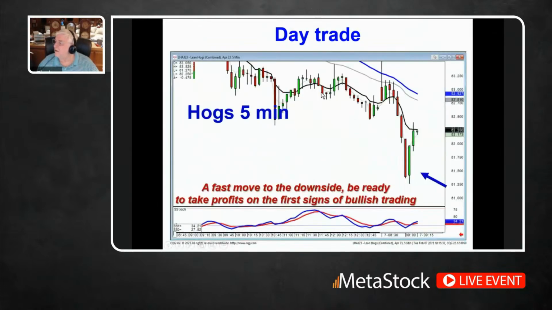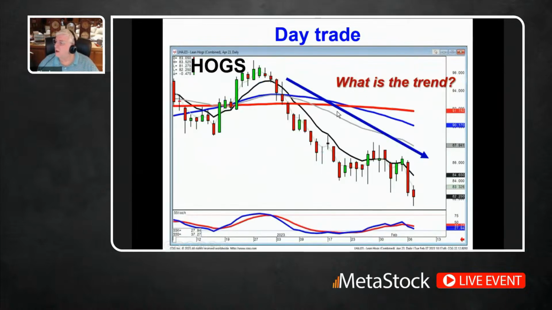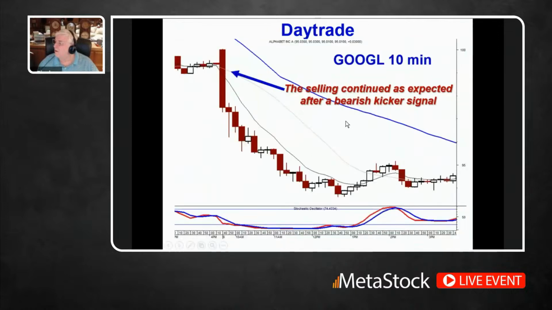How far back did I do that? Down here. Yeah, that wasn't really confirmed. That could have been confirmed if I covered my short position right here.